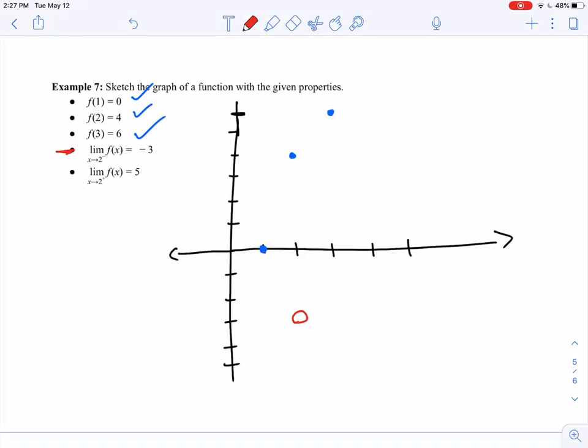So again, if you just want to draw a straight line, that's not a particularly good straight line, but it meets the criteria, it fits the bill. You could draw a parabola of sorts, as long as it passes through that point 1, 0 and ends up at this red open circle at 2, -3. I've met this criteria, so that's good.